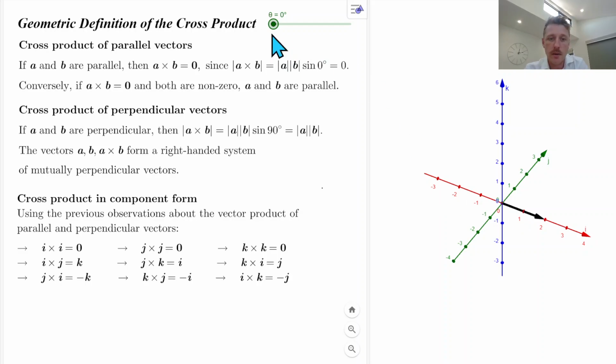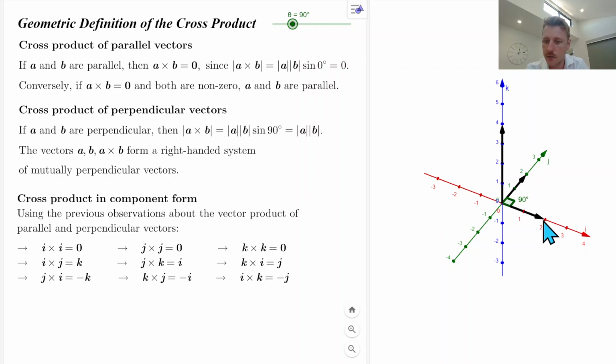Okay, so let's think about when they're not parallel. The cross product of perpendicular vectors: you'll notice as we open this second vector, the cross product is represented by that other vector there. Let's put this to 90 degrees and explain what's going on. You'll notice that vector A and vector B have magnitudes of 2, just by looking at it, right?